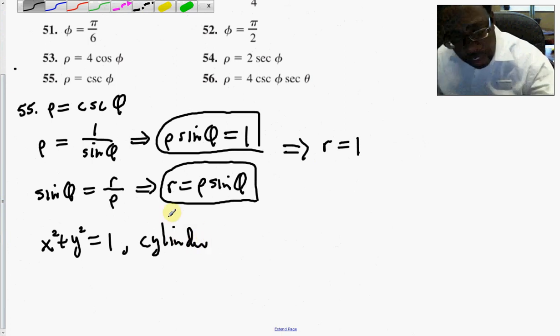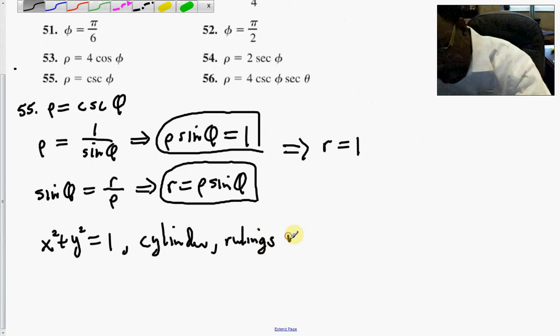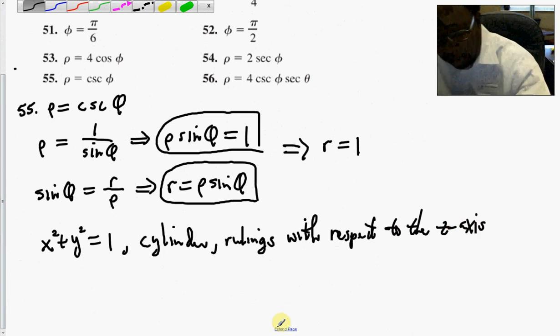There's no z, so the rulings are with respect to the z-axis.